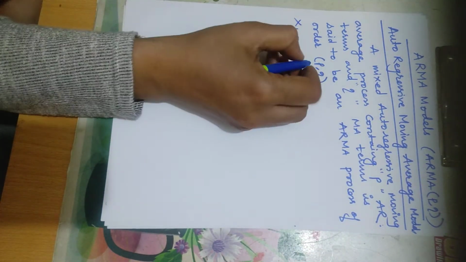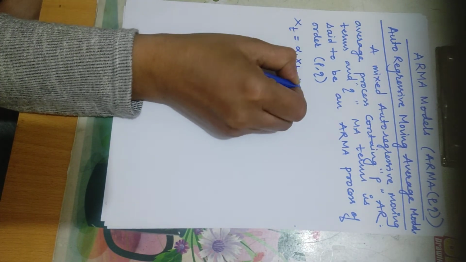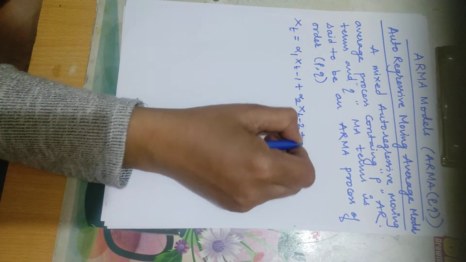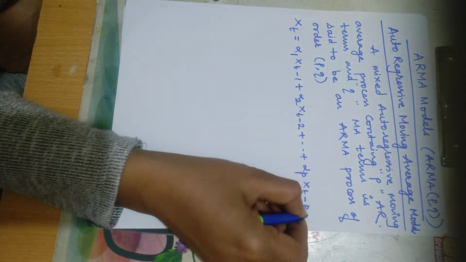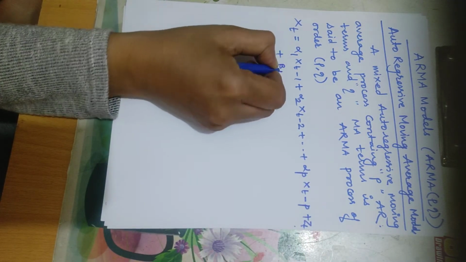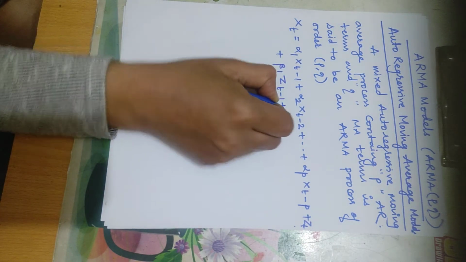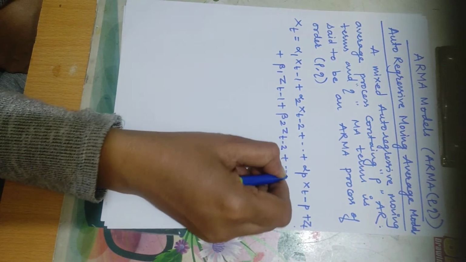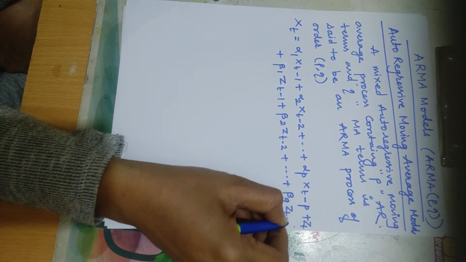So, let us see now. ARMA model is given by xt is equal to alpha 1 xt minus 1 plus alpha 2 xt minus 2 plus dot alpha p xt minus p plus zt plus beta 1 zt minus 1 plus beta 2 zt minus 2 plus dot plus beta q zt minus q.